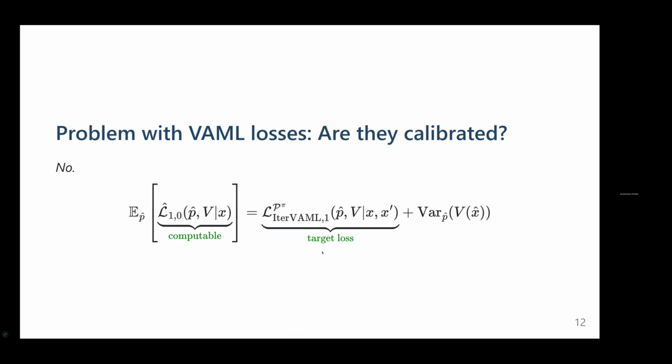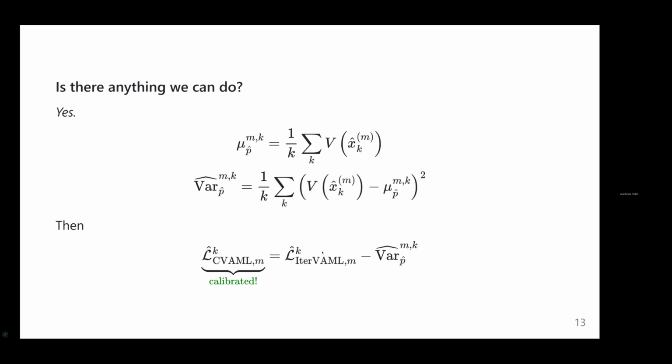Anyways, what do we do with this? Is there anything we can do? Yes, in fact, there is. If we compute a bunch of these things, the mu here is the empirical estimator of the expected return. So this basically means we use our model, because it's stochastic, to draw multiple samples, and then we average the value over them. So this is the average value of a few samples from the model. And this is the estimator of the variance of this thing.